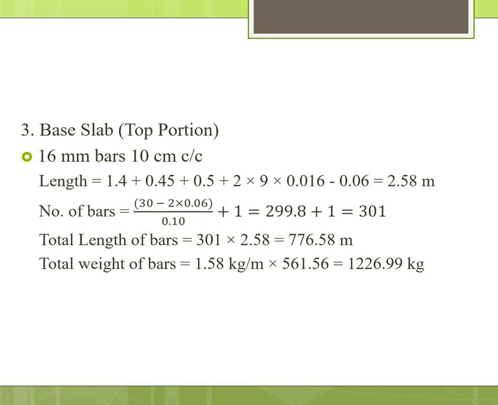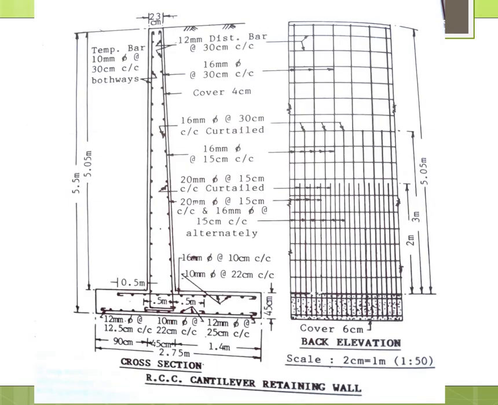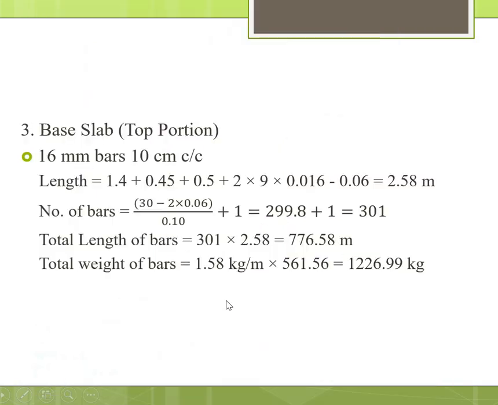Base slab top portion, 16 mm bars at 10 cm center to center. You can see in the figure, this is the length of the bar. So the length is 1.4 meter plus 0.5 meter plus 0.5.